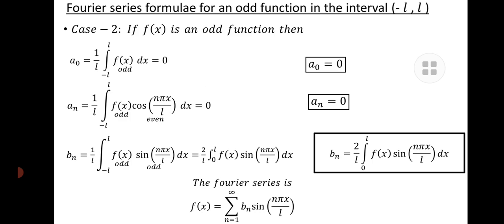In the case of the coefficient term a n, which contains the function f of x and cos x, one is odd and the other is even.